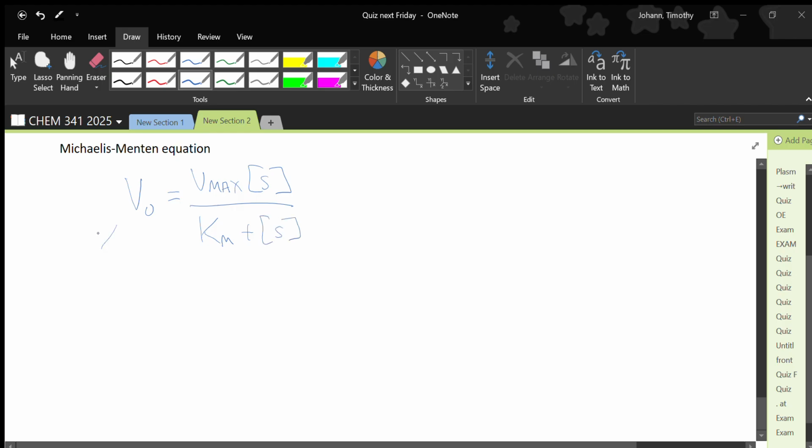What this says is that we have the rate of reaction, and this is going to be the initial rate. That's going to be equal to the max rate of reaction times our substrate concentration.